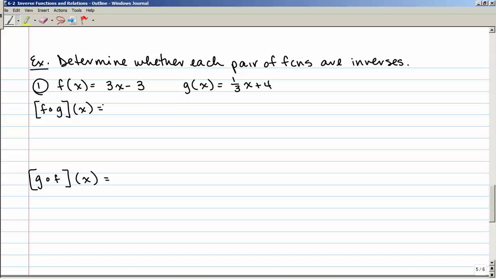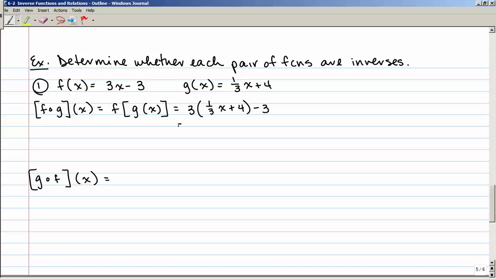So recall, I start with f of x and I put g into it. I'm going to write it out like this, just because that makes so much more sense to me. So start with f, 3, and then I'm going to put g into there for x, 1/3 x plus 4, and then I have the minus 3. So that's 3x minus 3, putting in g of x for x.